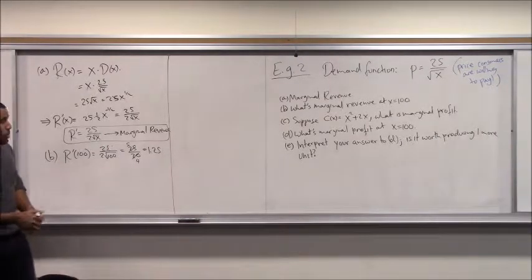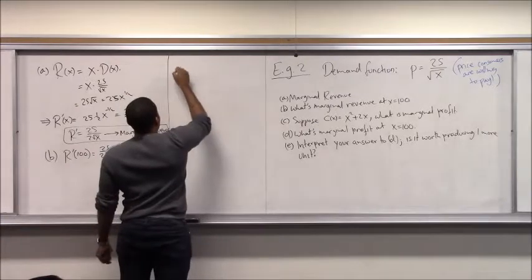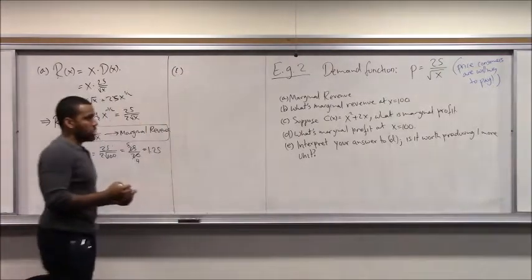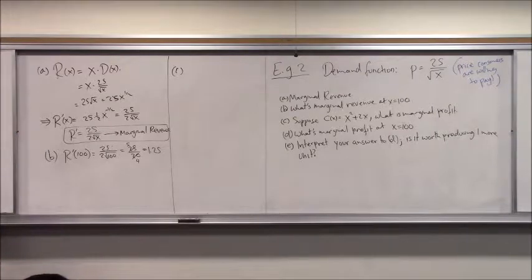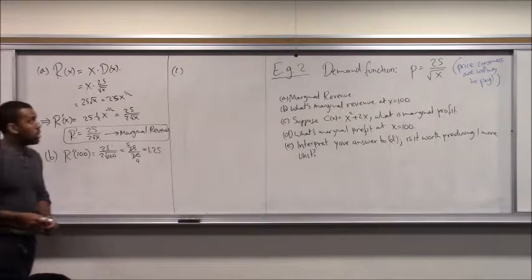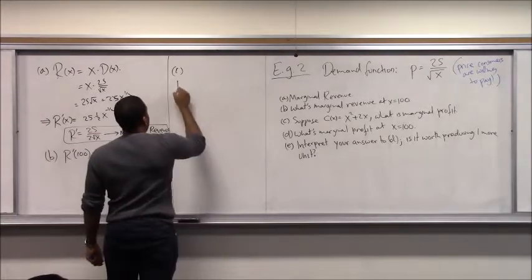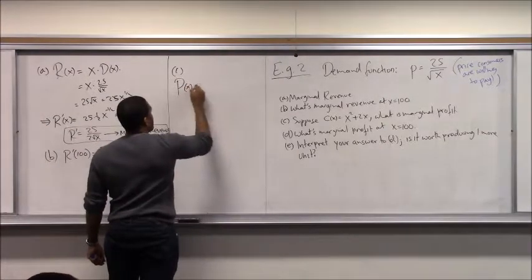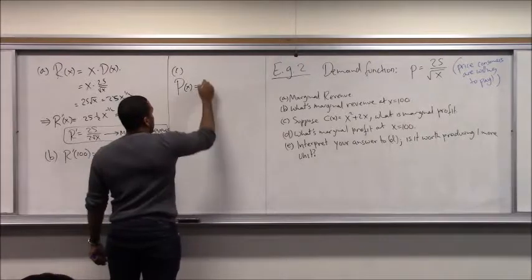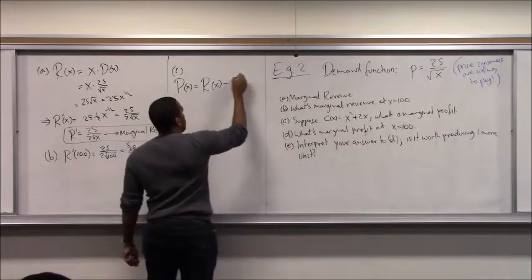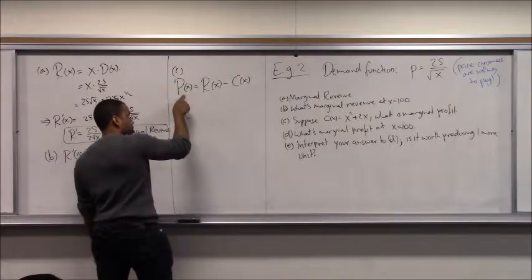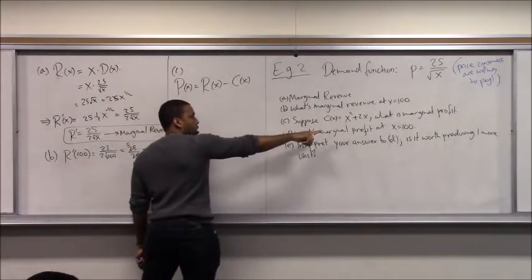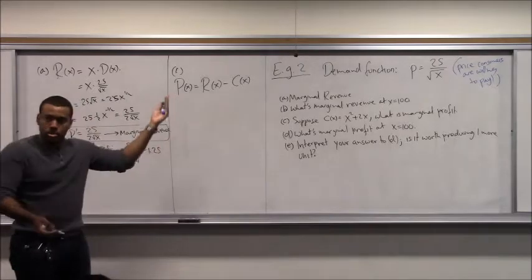Okay, so C. They told me a cost function. How would I find marginal profit? Subtract the cost function from the revenue function. So profit is equal to what? The revenue minus cost. So you subtract cost from revenue. So that's how we're finding profit. Now we know that for marginal profit we need to take the derivative, but let's find the function first.